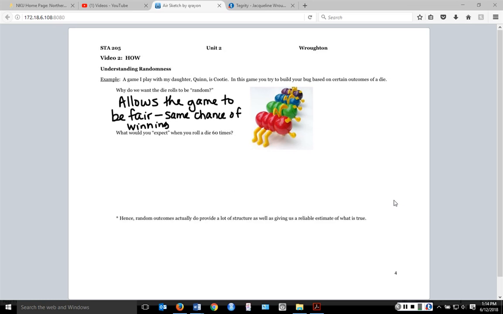So let's just think about these die rolls for a little bit. If I were to roll the die 60 times, would you have any idea what you should expect to see? Well, one thing we usually assume, since we're saying the game is fair, is that we have a fair die. What would it mean to be a fair die? It would mean that each side, numbers 1, 2, 3, 4, 5, and 6, would all land up the same number of times, right?